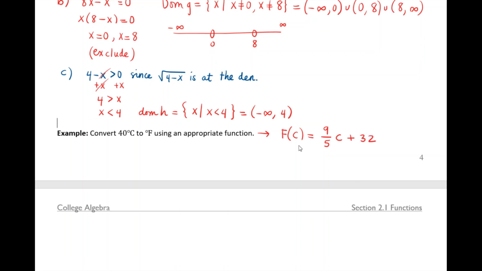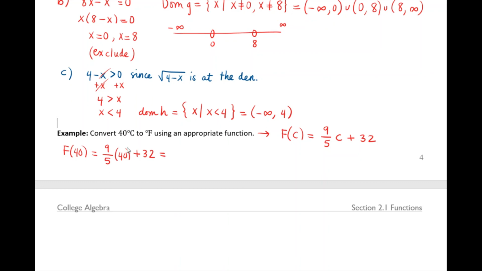So this is how you convert degrees Celsius to degrees Fahrenheit. So you can use this formula. I'm going to find f of 40. That's the question. It's going to be 9 over 5 times 40 plus 32.